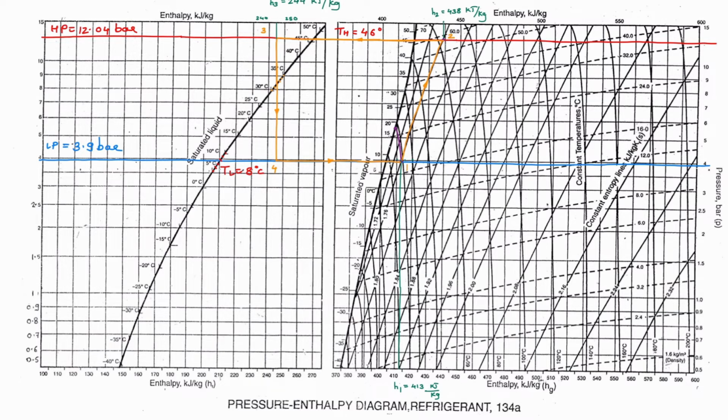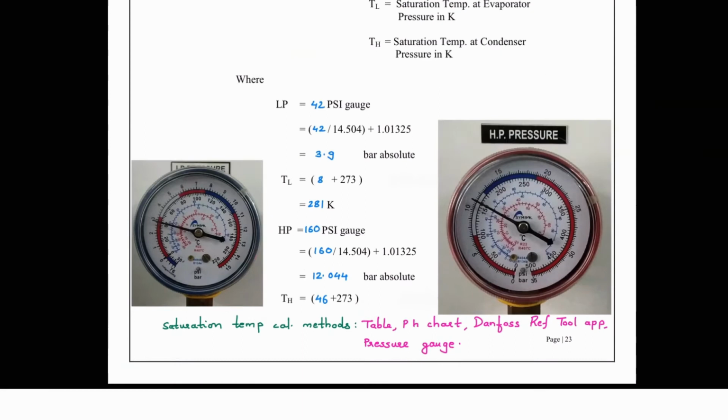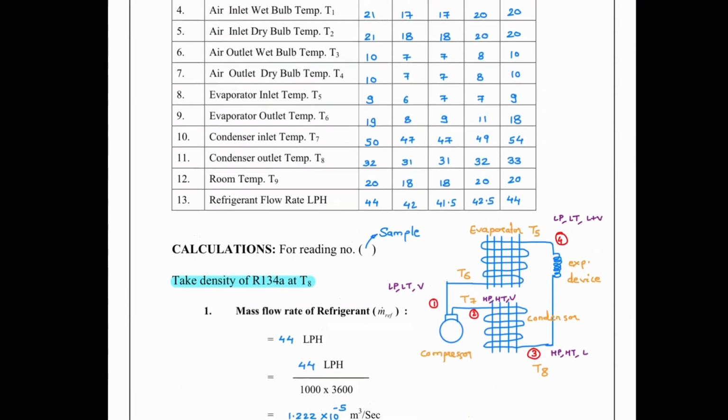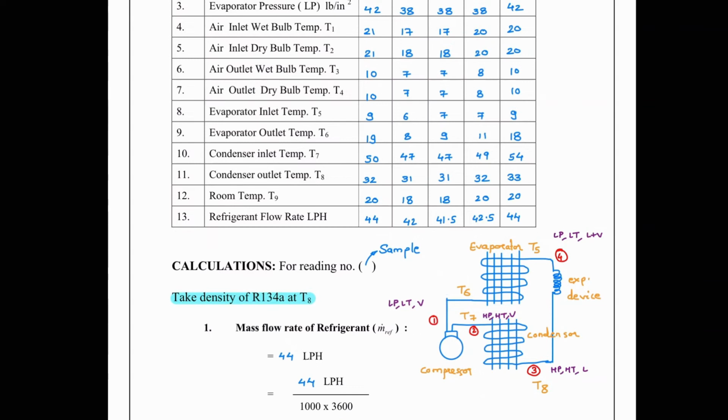Now next, we have to mark point number 1. What is point number 1? Entry to the compressor, or exit of the evaporator. So we will see what the temperature of that point is.